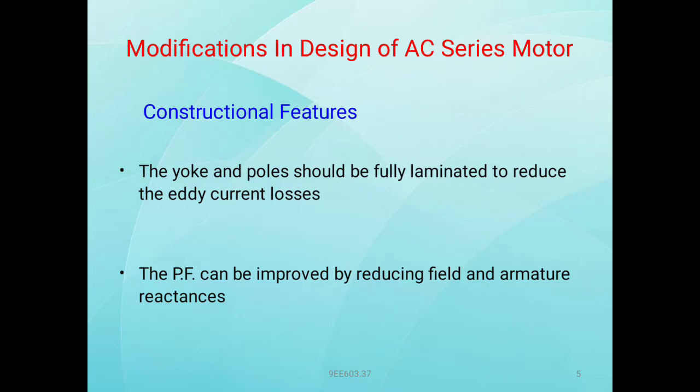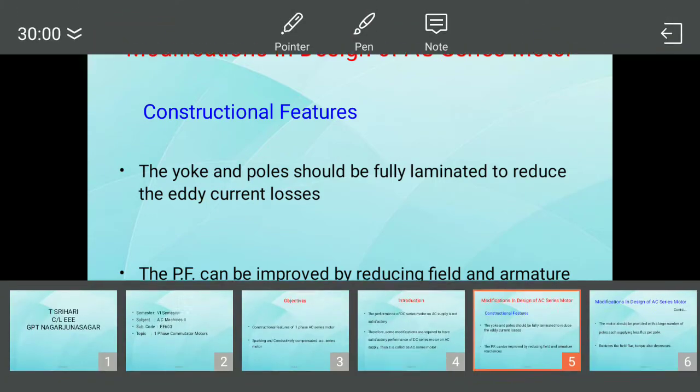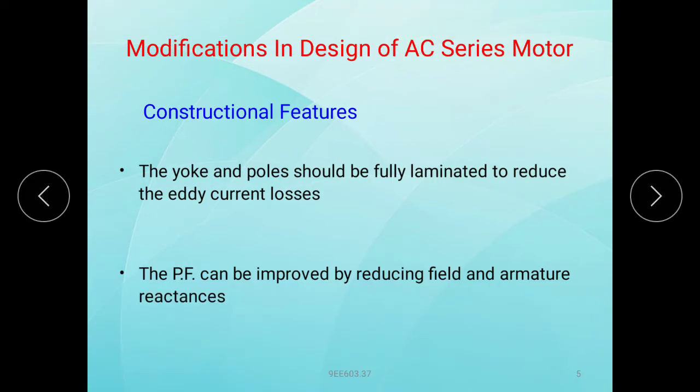What are we laminating? The yoke and poles. So to reduce the eddy current losses, automatically we reduce the core losses. How can we improve the power factor?